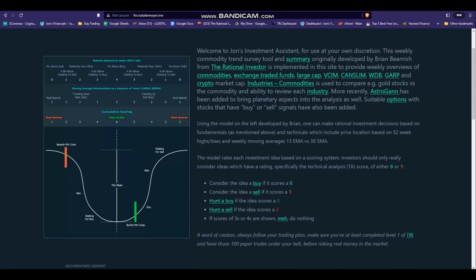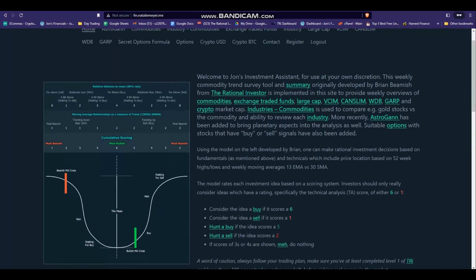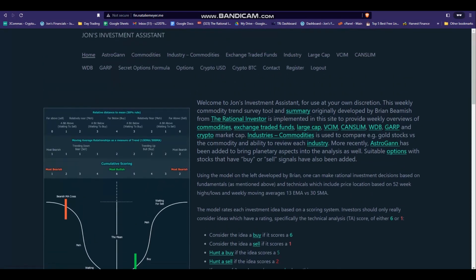The other thing I'm doing is scanning the web for assets that fit the fundamental analysis models we learn in level 1: the VSIM, CanSlim, WDB, and GARP. You'll learn all about these.